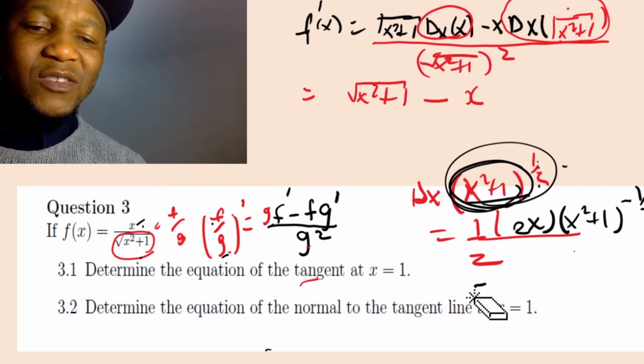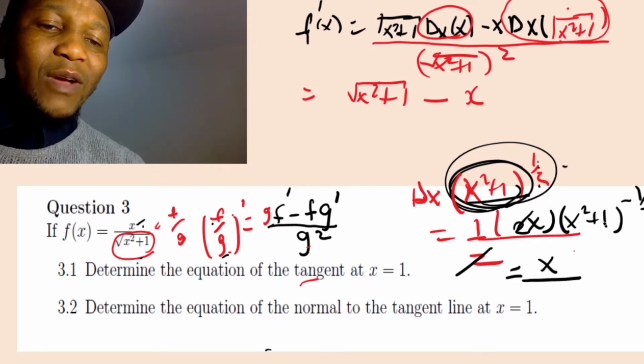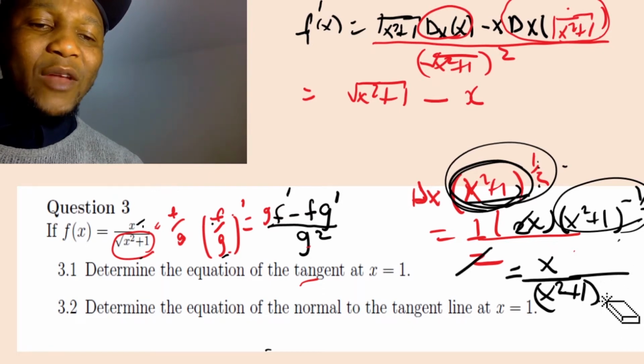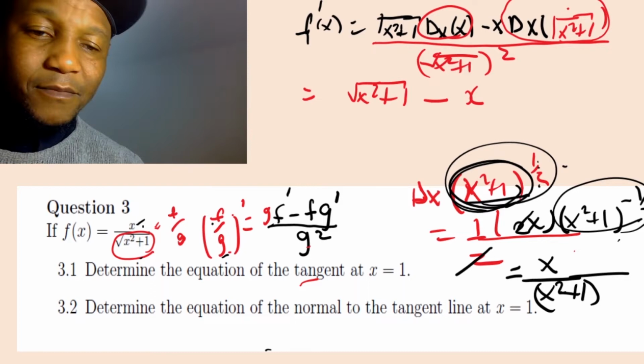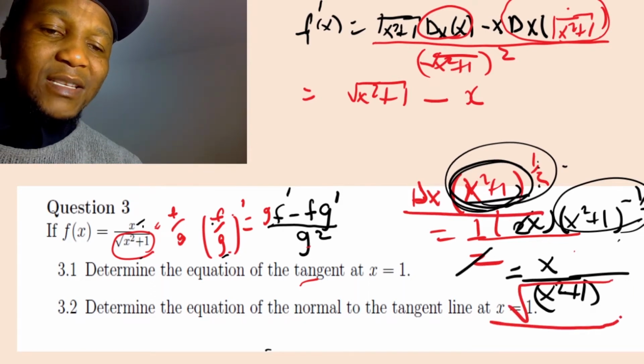We can simplify this one, 2 over 2, 1. So now on top you have your x over, and take all this to the denominator because the power becomes positive, so it becomes positive a half at the denominator. Positive a half means square root, so I can simply write square root. So when you differentiate all of this, you get that.